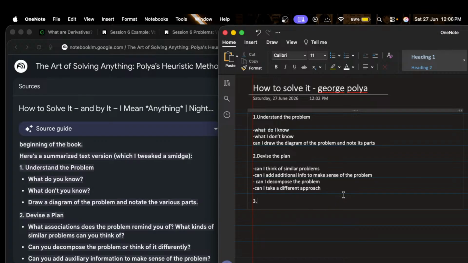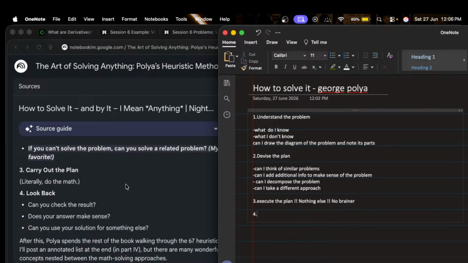Okay, three is execute the plan, nothing else. This is very important. Nothing else. No brainer. So fourth is what we can take by seeing the result, reflecting back.